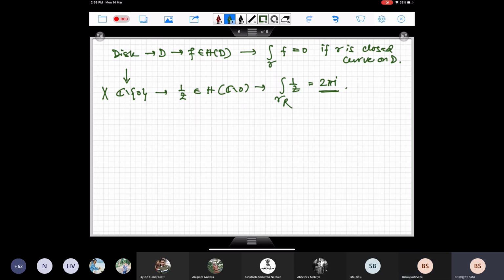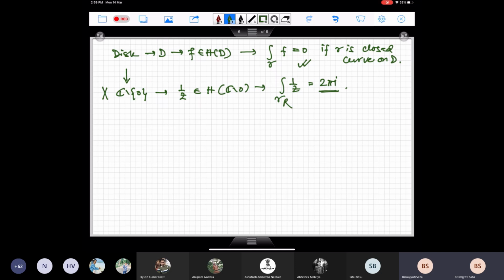So the kind of phenomenon that I want to capture is the phenomenon where we can say this kind of thing. This is a particular consequence, I would say, of simply connected domains.